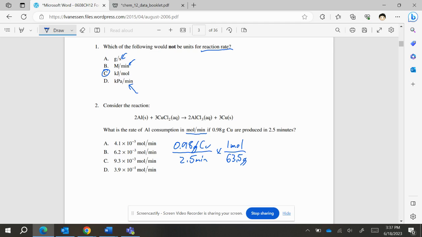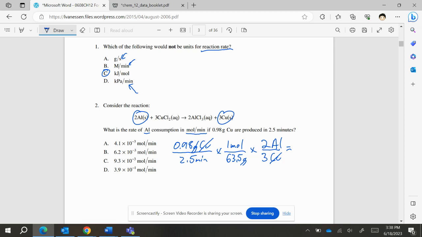But I'm in moles per minute of copper, and I want to have moles per minute of aluminum. So I'm going to do my mole bridge, and I want copper to cancel out. So I'm going to go 3 copper, and that is equal to 2 aluminum. And if I cancel all my units out, copper cancels with copper, and now I'm in moles of aluminum per minute.